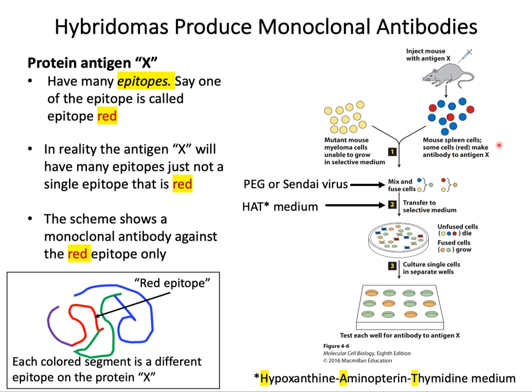But the mouse B cells have both TK and HGPRT in them. So now we have potentially fused myeloma cells with the B cells, and they are now put into the HAT selection media. The unfused B cells will die even if they have the TK or HGPRT, as they are mortal and have a limited lifespan.